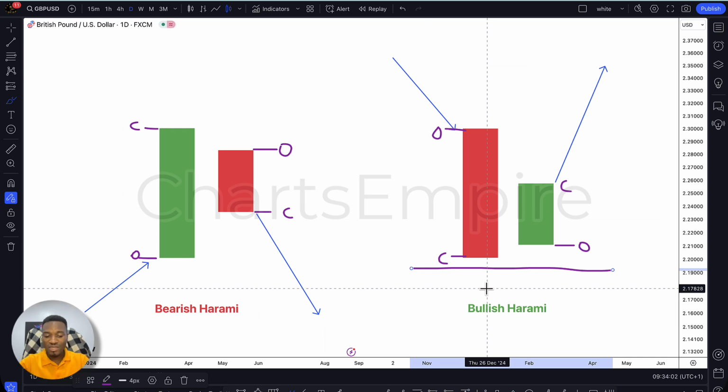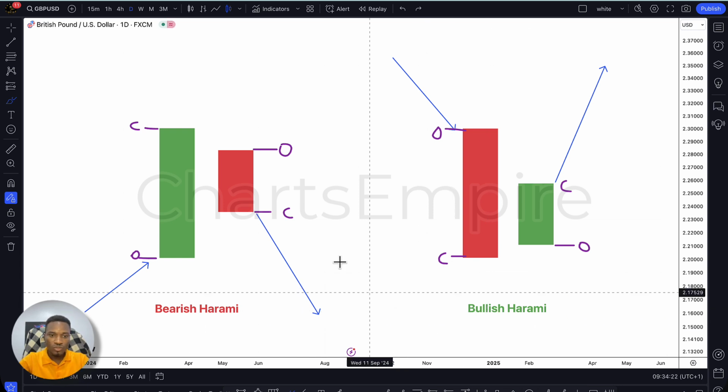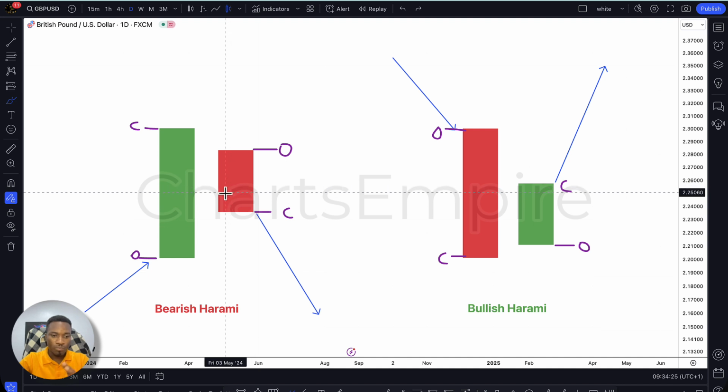Again, listen attentively. Remember, I told you in the beginning, I said this candlestick looks like a complex or a complicated candlestick pattern. The reason why I stated that is because this candlestick can also form in other variations on your price chart, right? So instead of having a bearish candlestick for the bearish Harami, this candlestick can decide to have what we call the Doji.